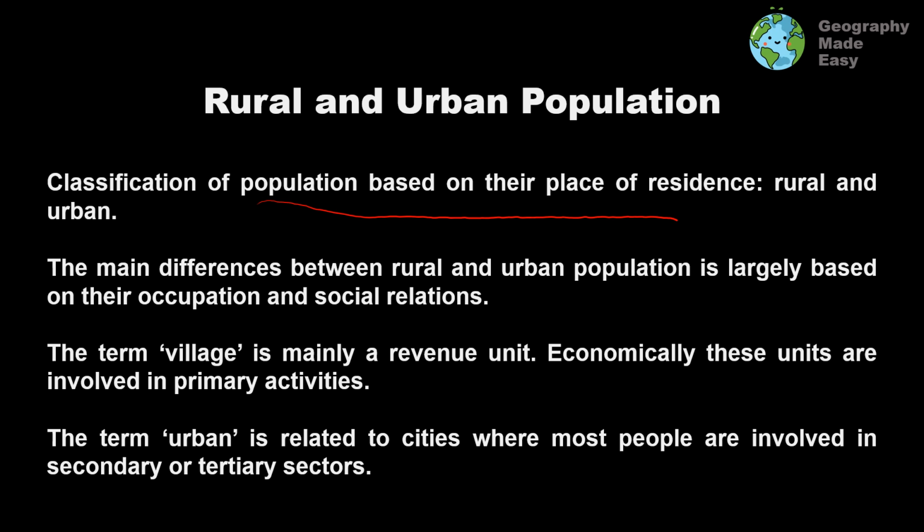The social relations part is very interesting. This is the bonding between the people, or the society they form, in a village versus in an urban area. In cities, this social relation is very different. A lot of people from different regions come and live here. Usually, people do not know each other that well.